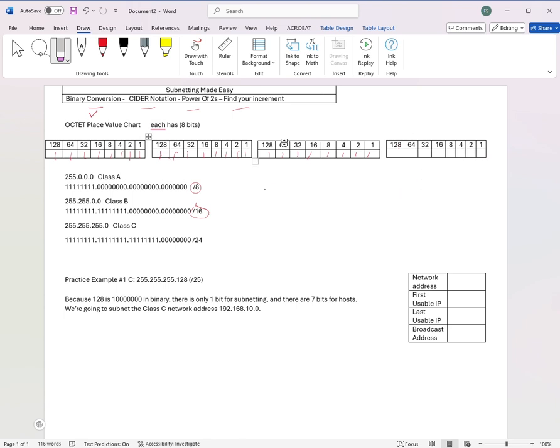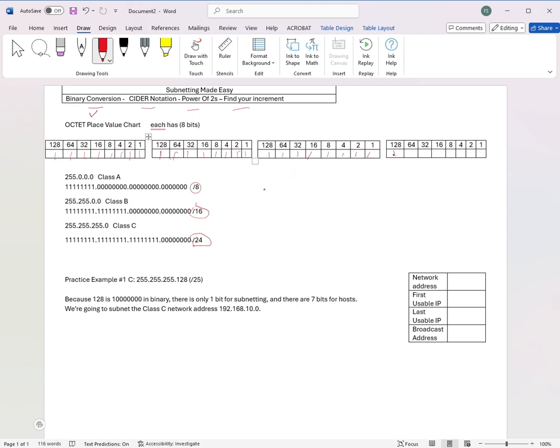okay, so this is our default Class C. All of the bits are on. We can turn one more bit on here, and this would be 8 plus 8 is 16 plus 8 is 24. That's our default 24 right here.